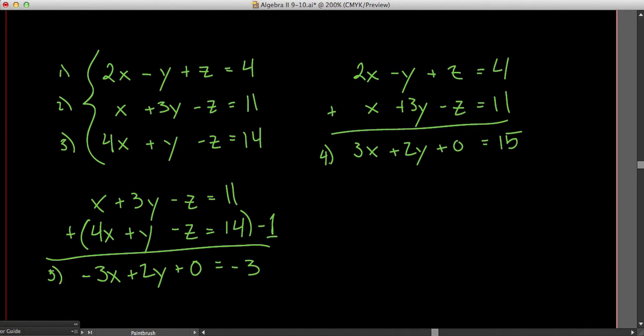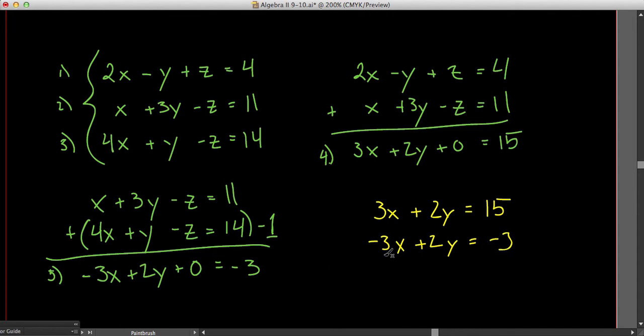Okay, so now if we'd like, we can actually write a system of these fourth and fifth equations. So we can have 3x plus 2y equals 15, and negative 3x plus 2y equals negative 3.